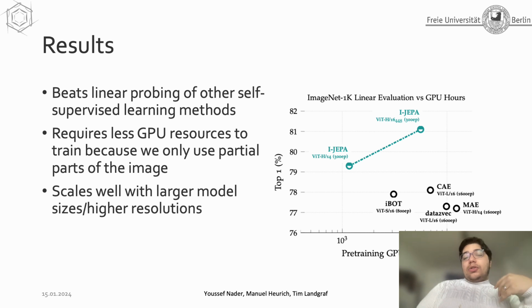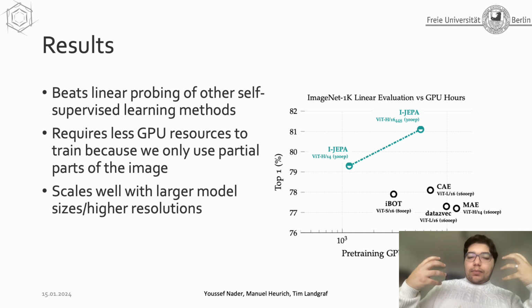It also has a very interesting scaling: if you make it bigger, it learns more semantic features, and if you make the images higher resolution, it also learns better features.